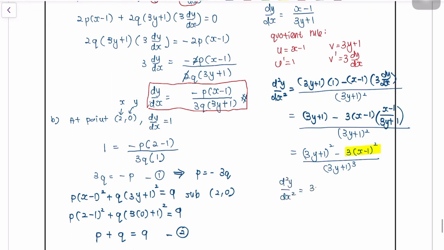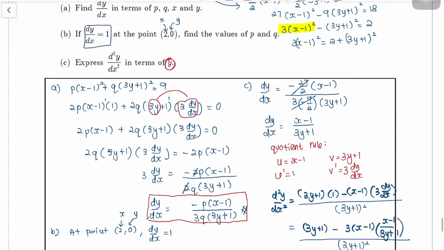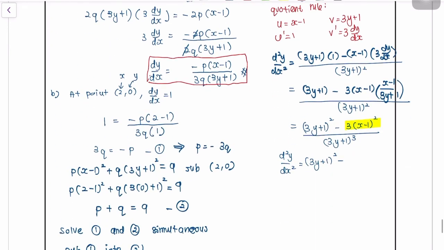So (3y plus 1) square minus, minus this one lah, 2 plus (3y plus 1) square, over (3y plus 1) cube.